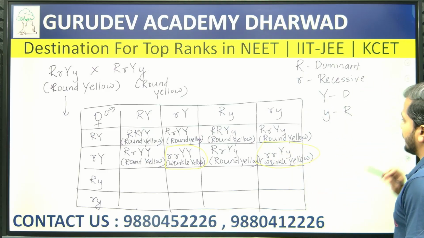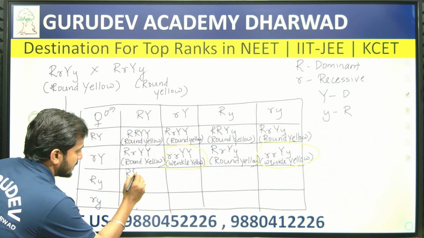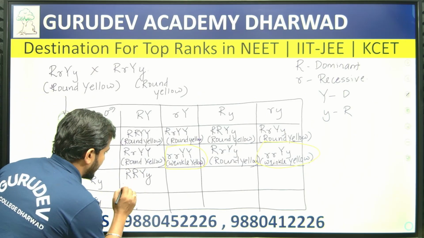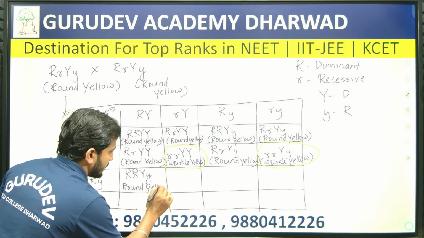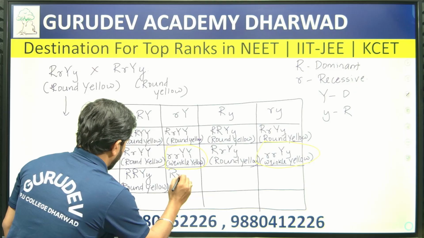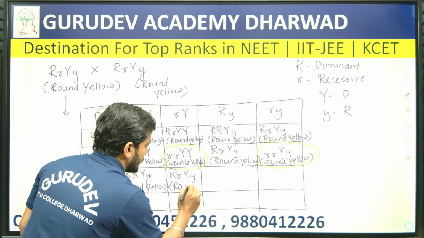Then next I am going to get small r, capital R, capital Y, small y, which is round yellow. Then capital R, capital Y, small y, and here I have got round yellow.